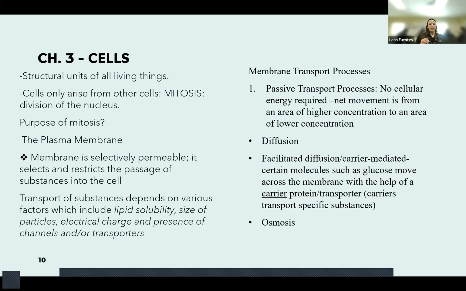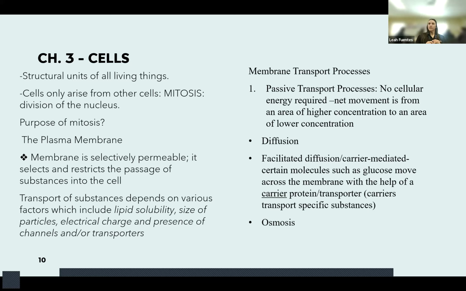And then we have facilitated diffusion, or carrier mediated. You could see it written either way on the exam. Facilitated diffusion is when certain molecules, such as glucose, move across the membrane with the help of a carrier protein or transporter. And these carriers transport specific substances.